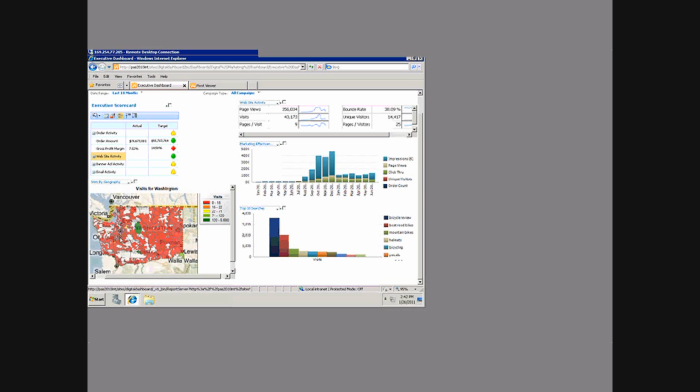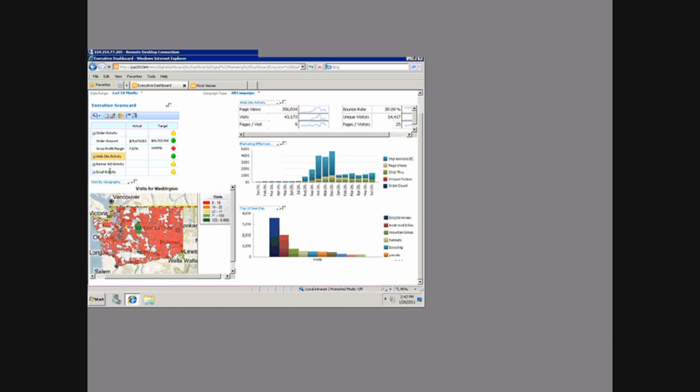So maybe we need to do a better job of targeted marketing and see what we need to do to entice that area to buy. So inherently, I'm starting to get analysis from data from multiple sources in ways I've never seen it before, immediately, as opposed to waiting for several different ways to produce these reports.